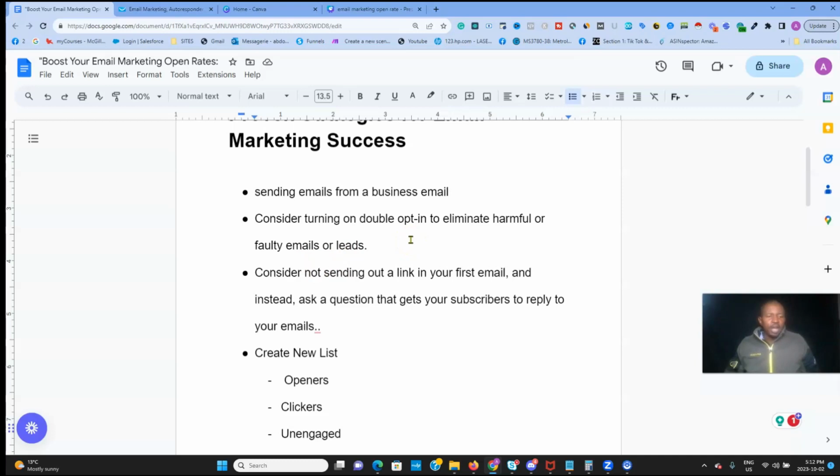And one of the advantages of activating the double opt-in feature is that you eliminate any faulty leads, any bot email, stuff like that, right? So there is also a good side about that.